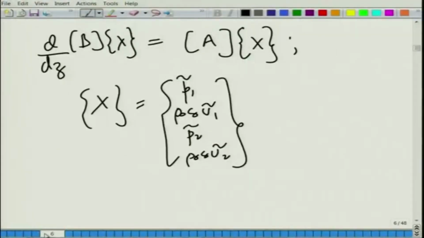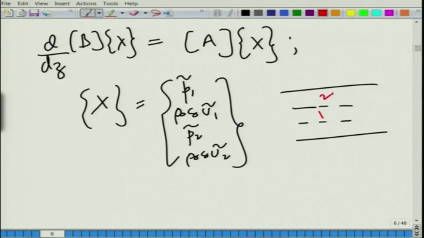We already have B dx/dz equal to A x, where x was a state variable for a two duct interacting system, something like this. What do we need to do now? We have P1, rho naught C naught U1 and P2, rho naught C naught U2.